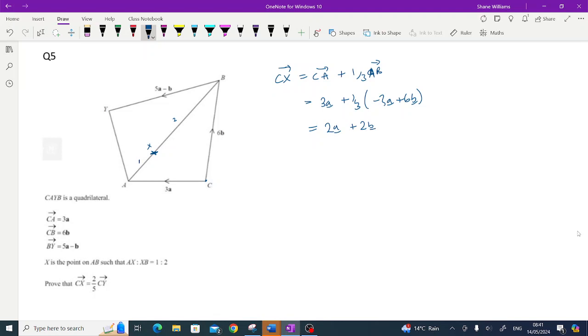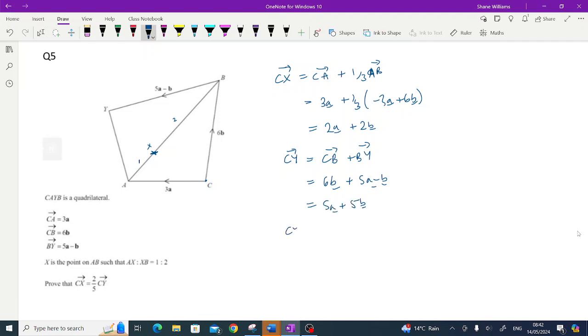That's C to X, and then C to Y, let's get there going via B, because we seem to know information about B to Y. So C to B plus B to Y, C to B is 6b, and B to Y is 5a minus b, which gives me 5a plus 5b.